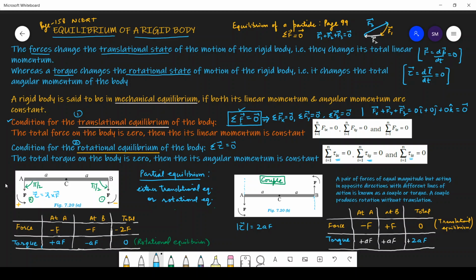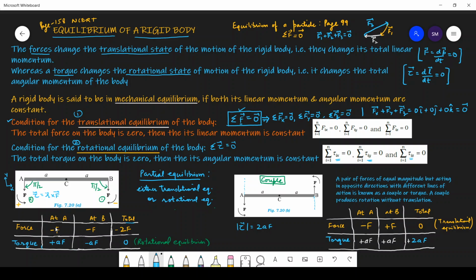If the downward direction, I'm taking this as positive x-axis, and this is positive y-axis. So downward will be negative. So I'm taking this force as minus F, and this also minus F downward. So the net force is 2F. Students, when only two directions are possible, upward and downward, just keep in mind two simple things about directions in the equilibrium of a rigid body: we need not write the forces and torque in vector form.